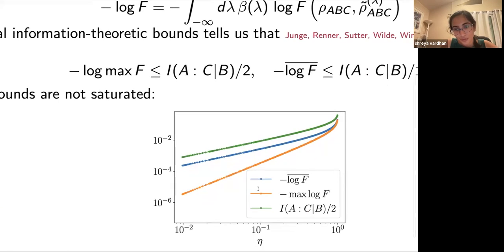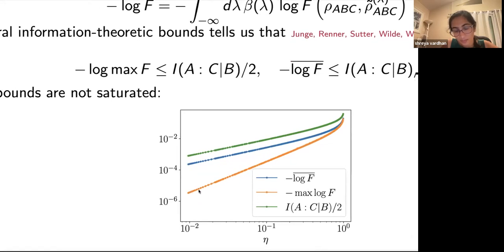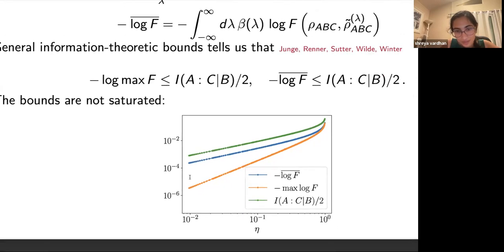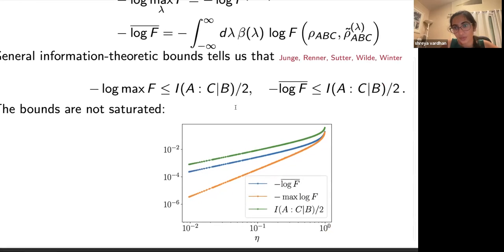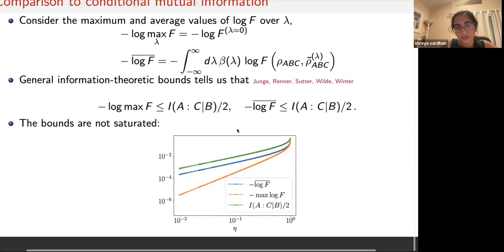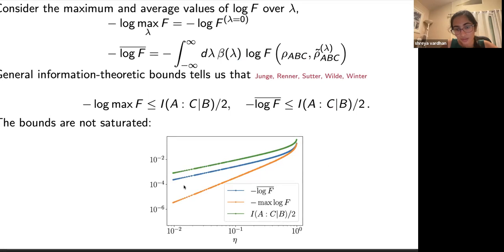For this lambda equal to 0 value at small eta, it has a quadratic behavior, but the power law depends on the value of lambda. If you look at the average, then it has a linear behavior in eta instead of quadratic, which is the same as the behavior of the conditional mutual information. So both of the bounds are not saturated, but the qualitative behavior is different between the maximum and the average.